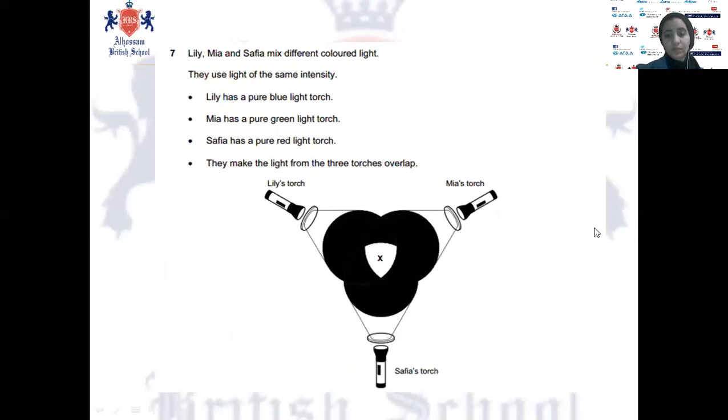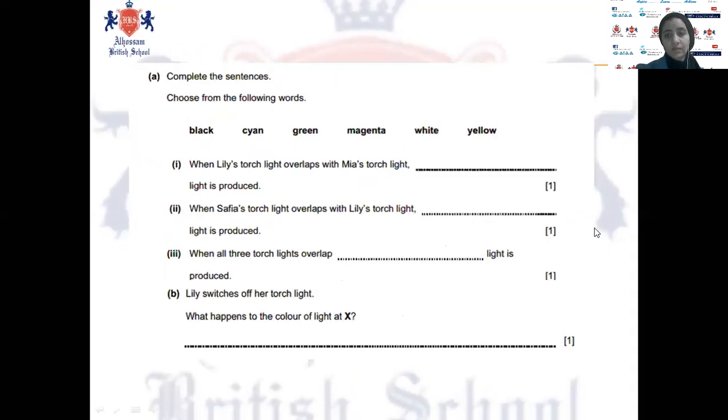Yes, magenta. We see the first one, cyan, then magenta. When all three torchlights overlap, white light is formed. The three colors will produce white light.